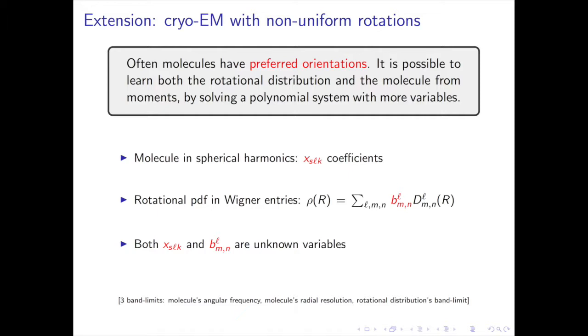It makes sense to expand it in matrix entries of the irreducible representations of SO(3). That gives you an L2 basis of functions on SO(3). So you expand up to some representation, with B's representing the distribution and X's the molecule, and you try to solve for X and B from moments.